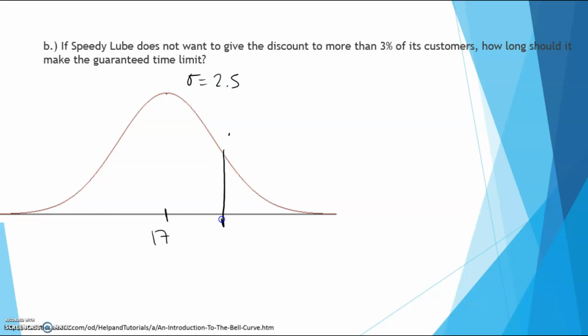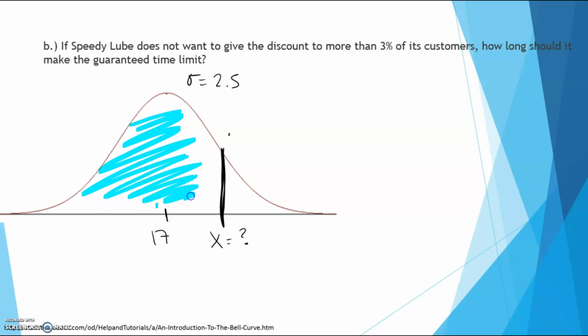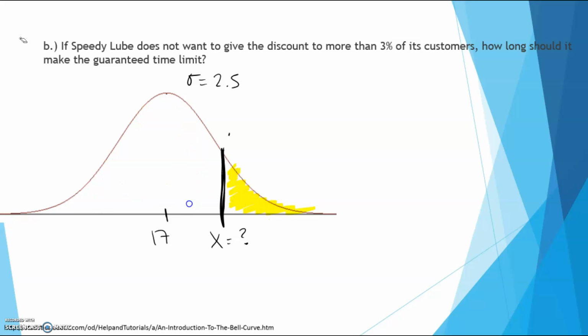So if we just have a random number here, this is what we're trying to find out. How long should we give ourselves? So only 3% of the customers given the service for half price. So over here, the customers are not getting the service for half price. Over here, the customers are getting the service for half price. So that's where our 3% needs to go.